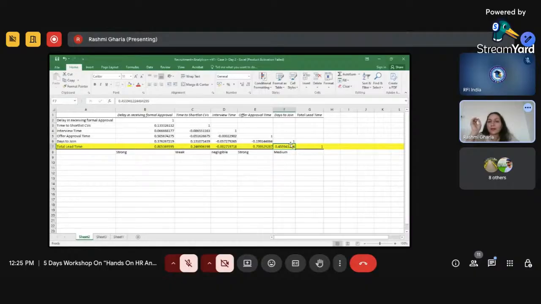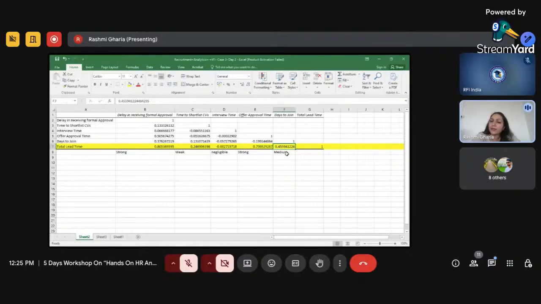I hope it is clear. Yes, ma'am. Yes, right? So from that, we can get the insight that we need to focus on how we can reduce this particular time period so that we will be able to reduce the lead time. This time period you can reduce at the starting only, right?